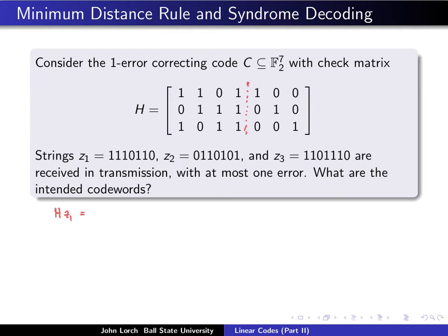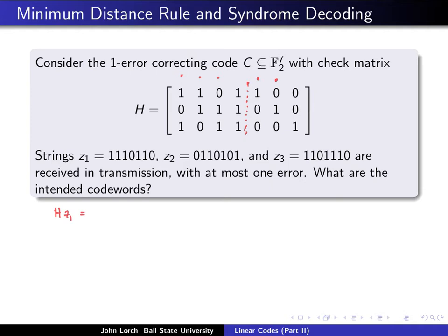So that means we're going to take 1 times this column, 1 times that column, 1 times that column, 0 times this column, the column of all ones, 1 times this column, and 1 times that column. So we're going to add together all of the columns that have dots above them currently.